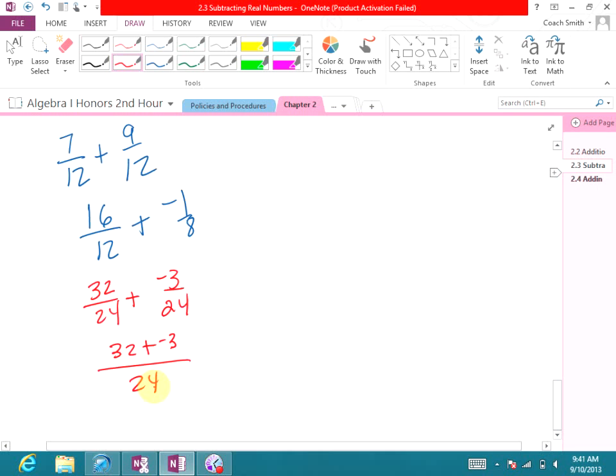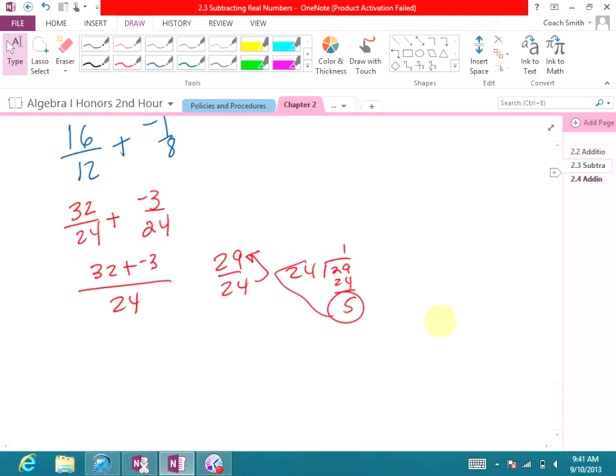Okay, 32 plus negative 3 would be what? 29. So that's 29 over 24. Of course, we're dividing 24 into 29, which goes one time, remainder 5, put the 5 over the 24, which gives me 1 and 5 over 24. And it is positive. Okay?